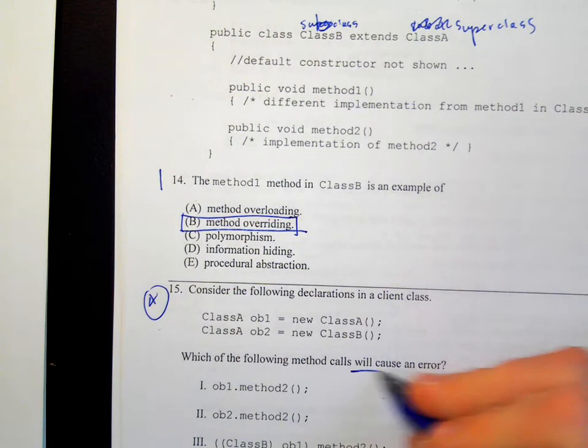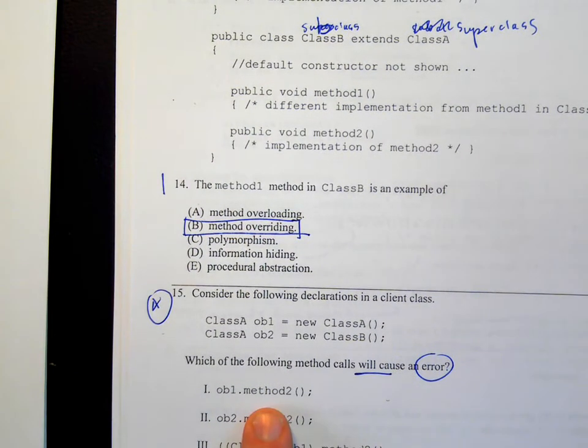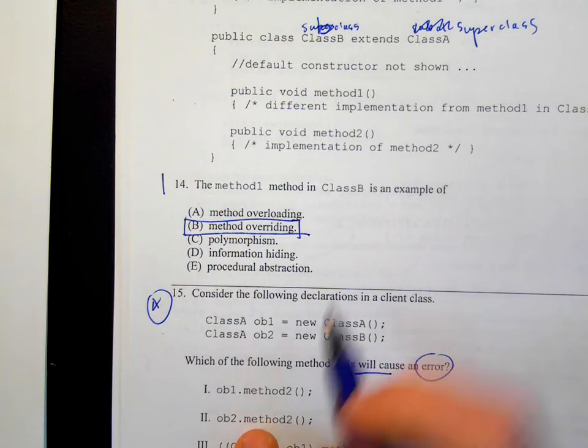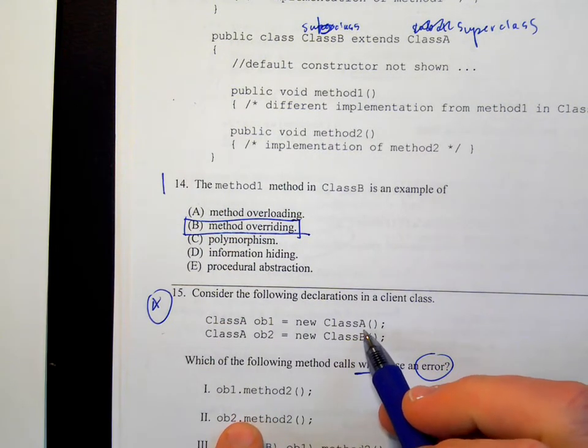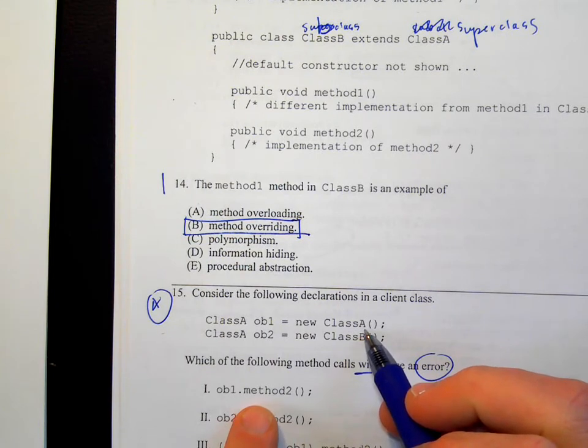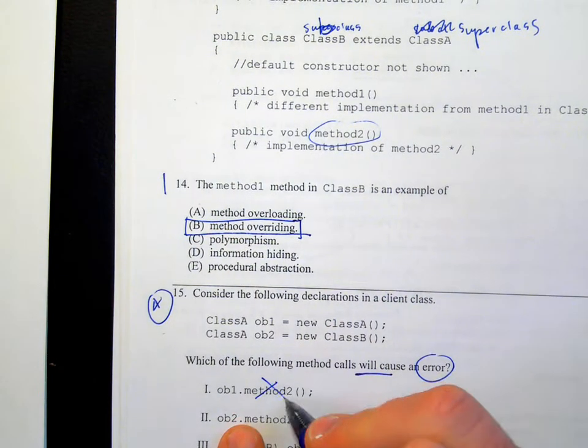Okay, so if I call method 2 on object 1, so object OB1 is a class A object, and if I try and call method 2 on it, well, class A, that superclass, doesn't have method 2. Method 2 is more specific to that subclass, so you can't do that, right?